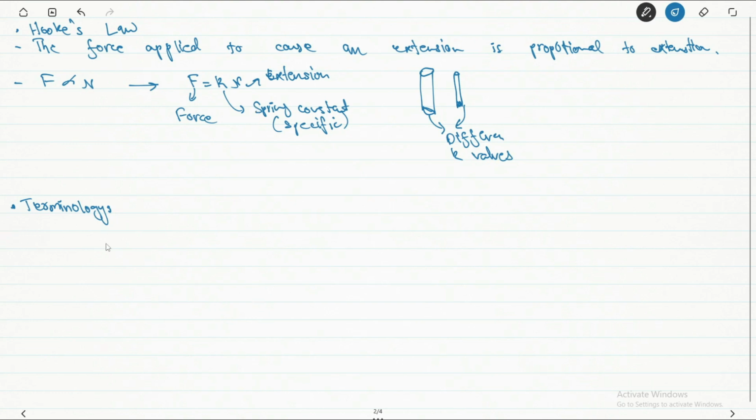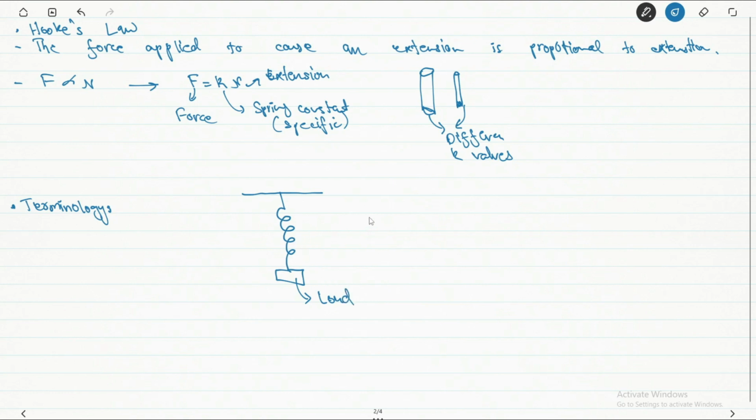Now, terminology. I'm just going to draw a diagram for this. This is the spring, for example, that we are going to extend, right? Now, the weight that we attach to it is called a load, right?